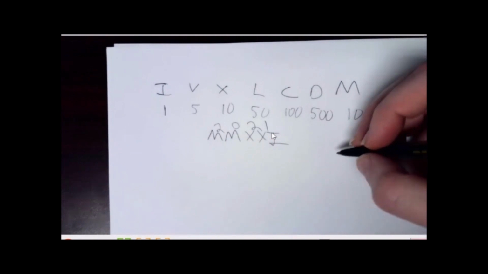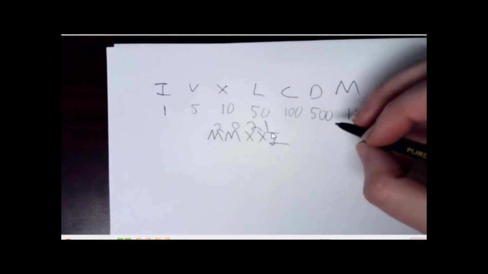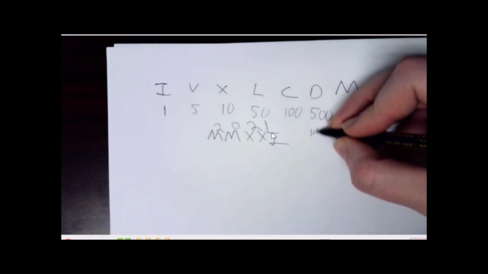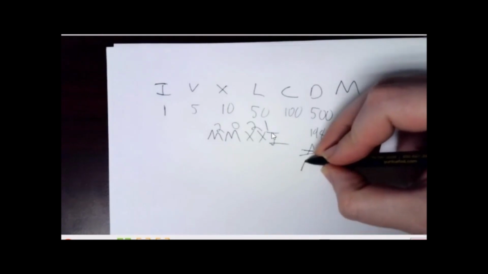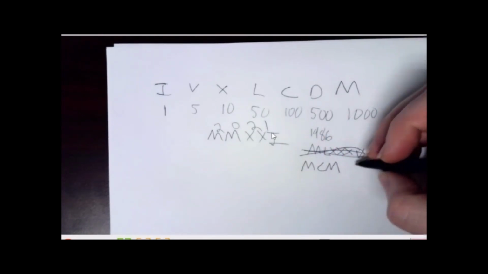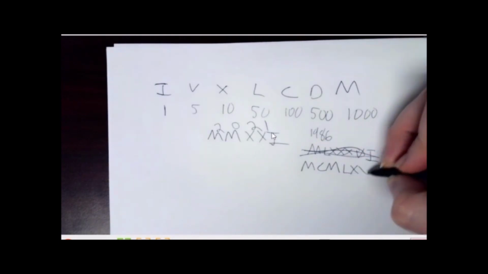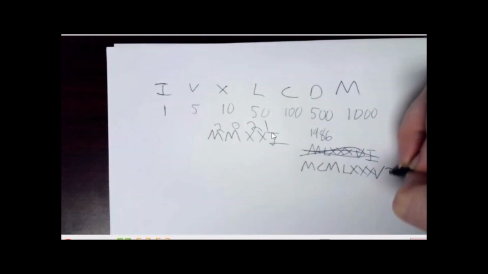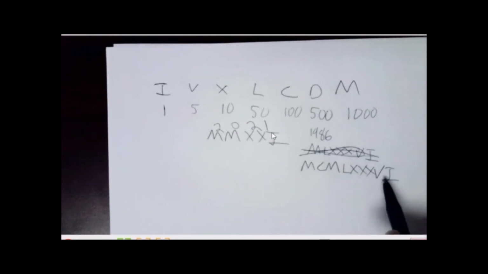But if we're going, say, a different year, like the last year the Bears won the Super Bowl, 1986, that would have to be MCMLXXXVI. And it starts to get really complicated.